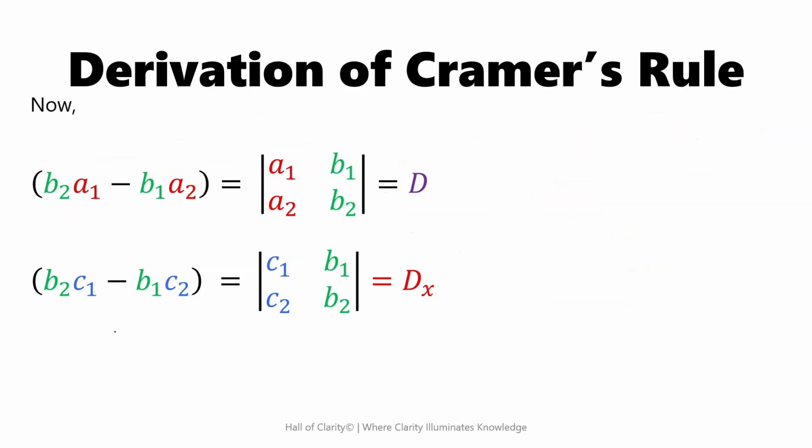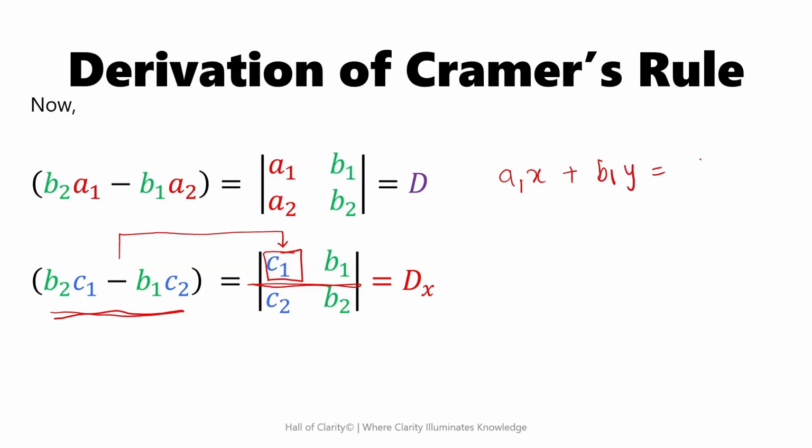Now similarly, this b2c1 minus b1c2, which is the numerator of the value of x, this is its simplified form, and now we have to write it in the determinant form. So how to write it? Let me show you. Now here you can see that this is c1. Why have we written c1 in the first row? Because this c1 is the constant term of the first equation, that is a1x plus b1y is equal to c1.